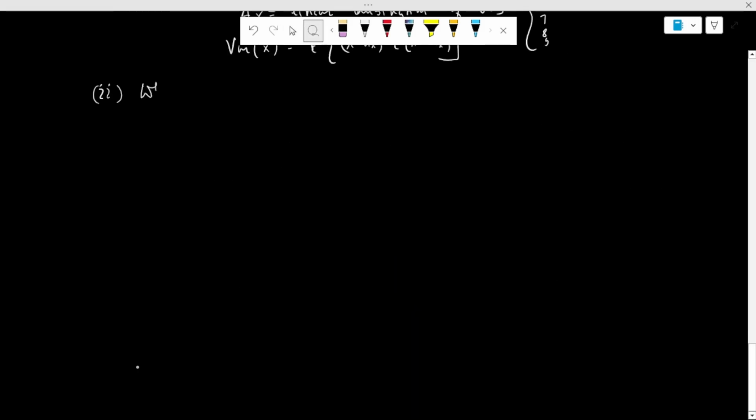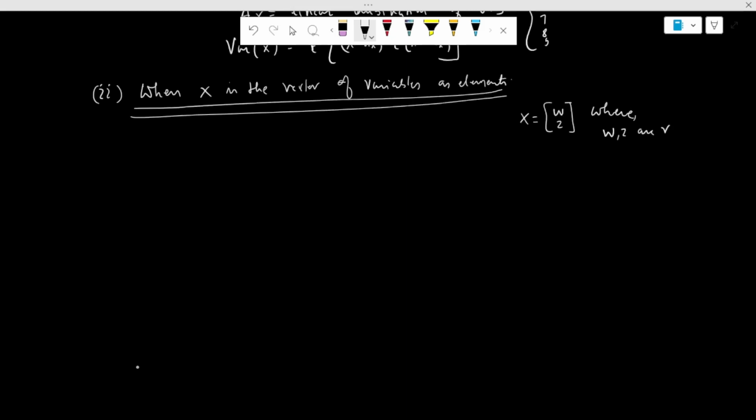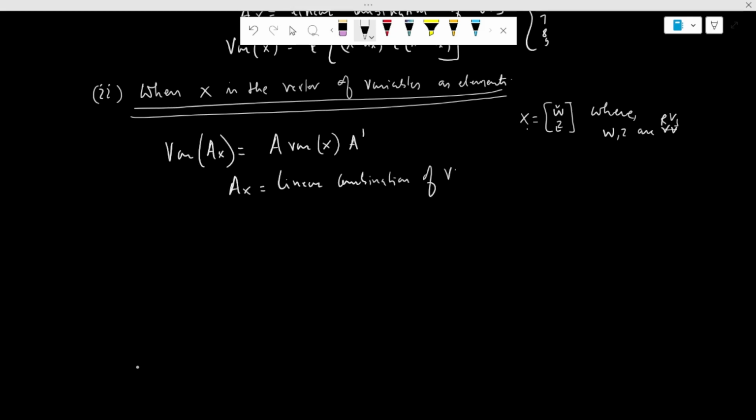Now let us see the case when X represents the vector of variables, meaning the elements of that vector are not observations but random variables. In such a case, the variance of AX is A variance of X A transpose, and AX here is the linear combination of random variables.